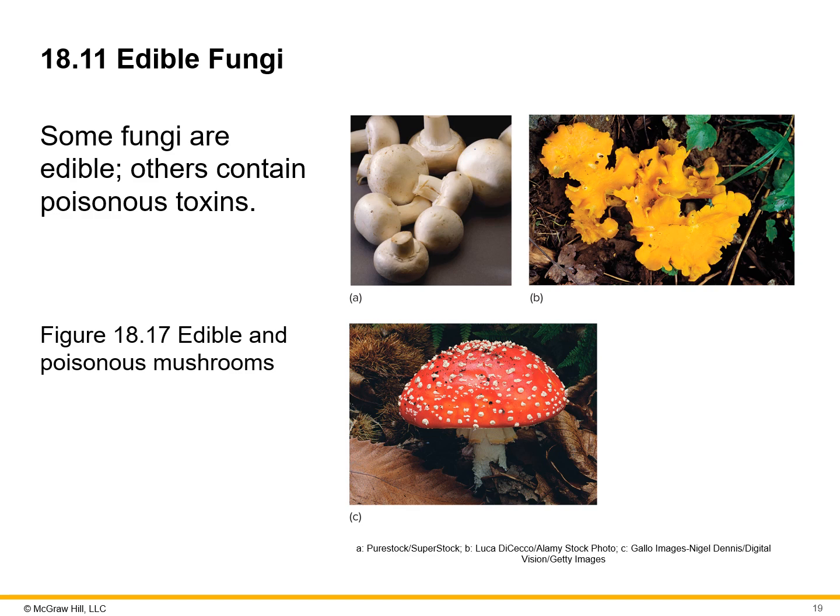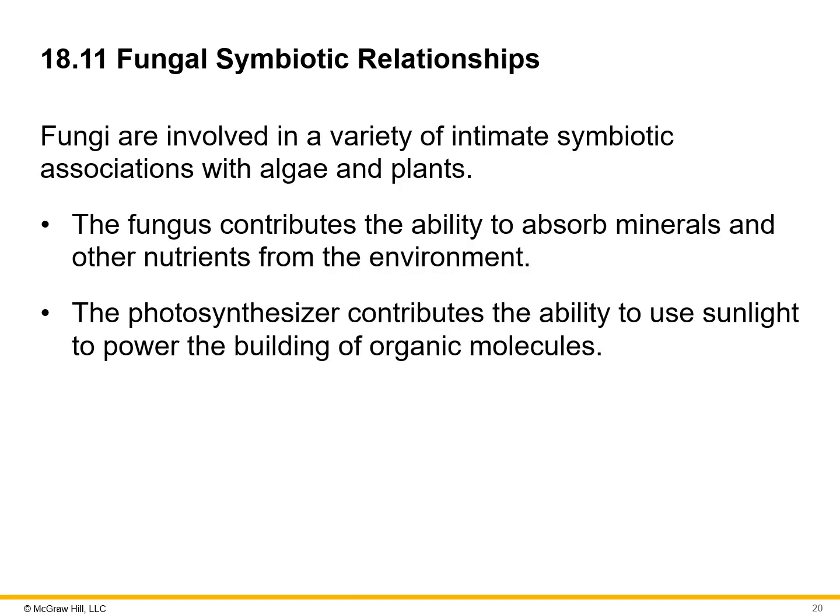Of course, some of them are edible, not all of them. So some of these edible mushrooms, like we commonly put in salads, but others are not and can be very poisonous when eaten. Again, back to these symbiotic relationships. So there are two main types that we will talk about, but some of them have different symbiotic relationships, just meaning that both organisms benefit, but they typically have those with algae and plants.